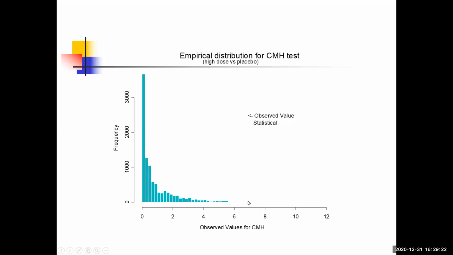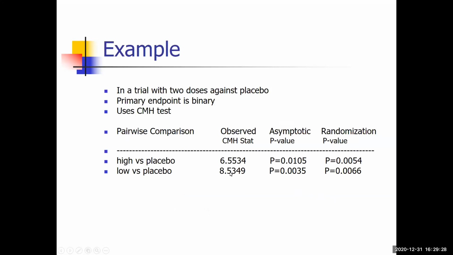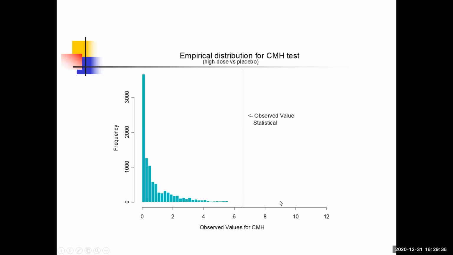You count to the right of 6.5534 and get about 0.0054: the number over here divided by 10 million gives this p-value.